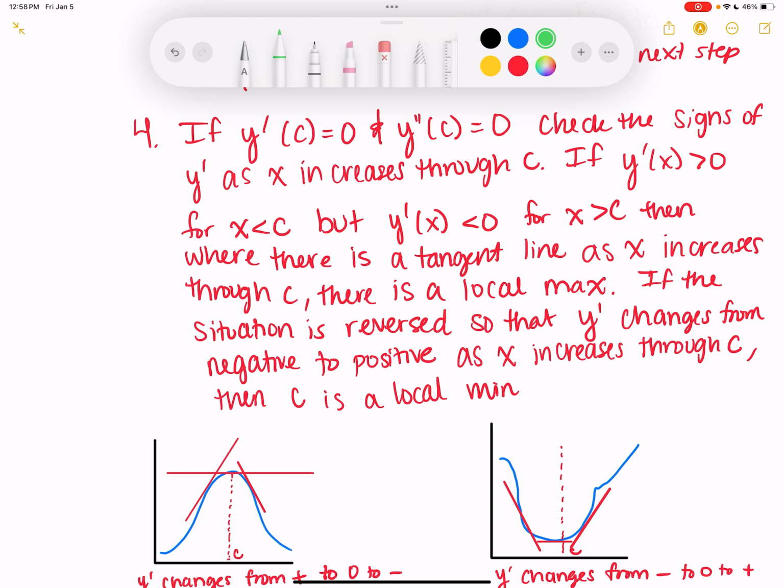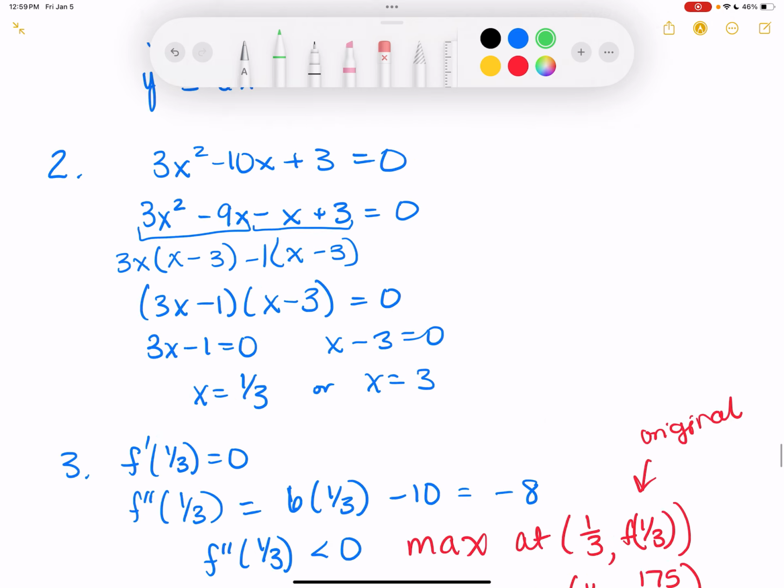Basically, we're seeing what happens as we go from the left of the c value to the right of it. We're looking to see if it's changing direction, if it goes from positive to negative or negative to positive. If it does not change, then it's not a local max or a min. It's neither.